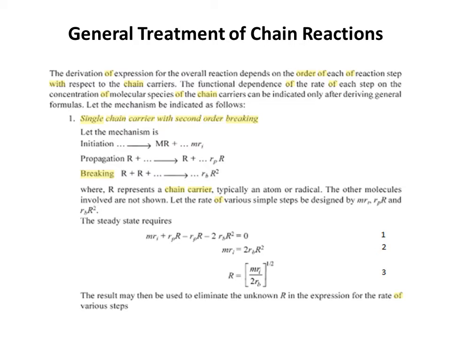The functional dependence of the rate of each step on the concentration of molecular species of the chain carriers can be indicated only after deriving general formulas. Let the mechanism be defined as follows.